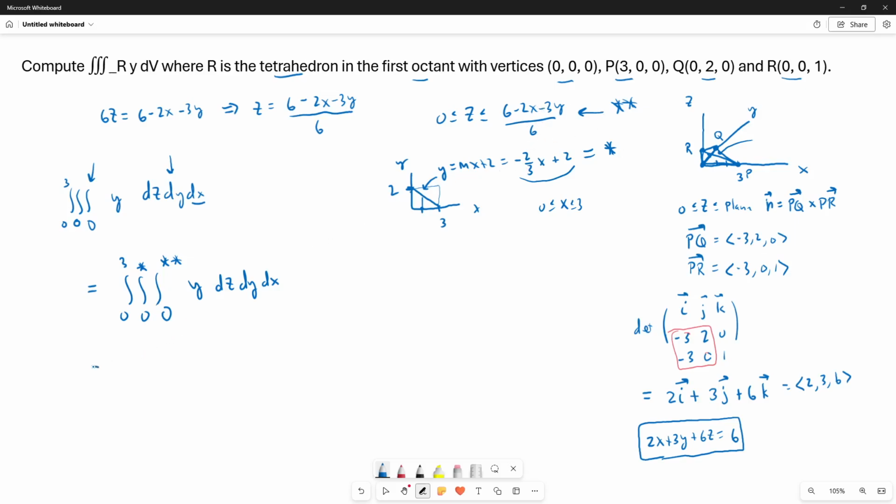So I'll just give them these temporary names, but we'll recall the values of each of those symbols when we need them. So integrating dz, 0 to 3, 0 to star, we get yz, and we have to plug in 0 and double star.